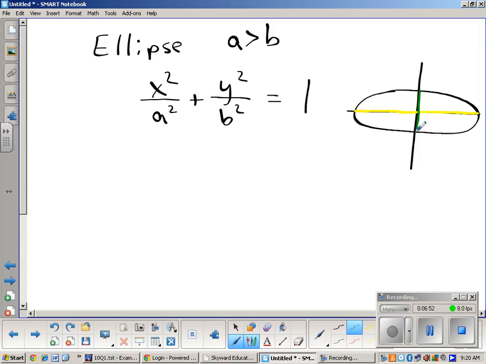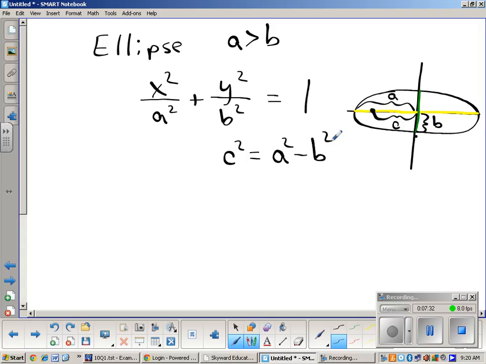Okay? And the distance from the vertex to the center is A, and the distance from the co-vertex to the center is B. Right? The distance from the focus to the center is C, and C squared is A squared minus B squared.